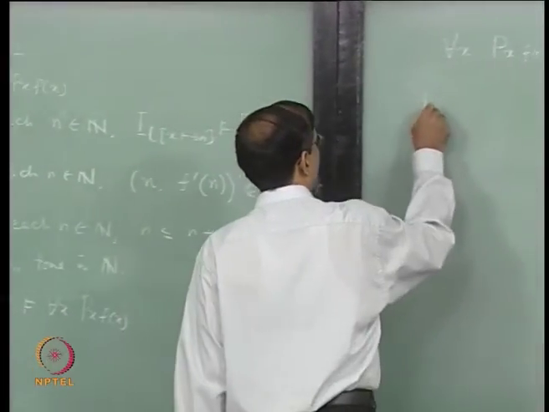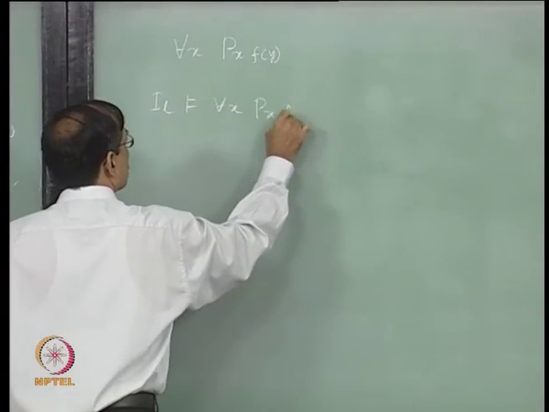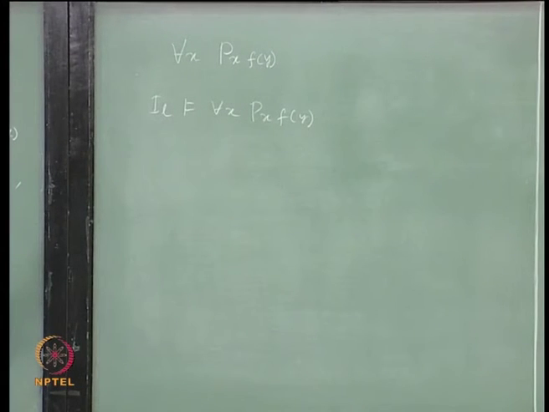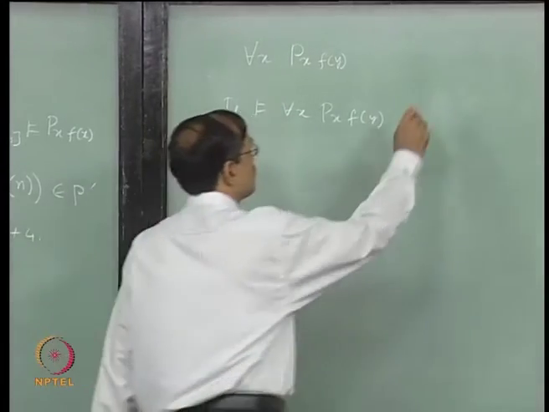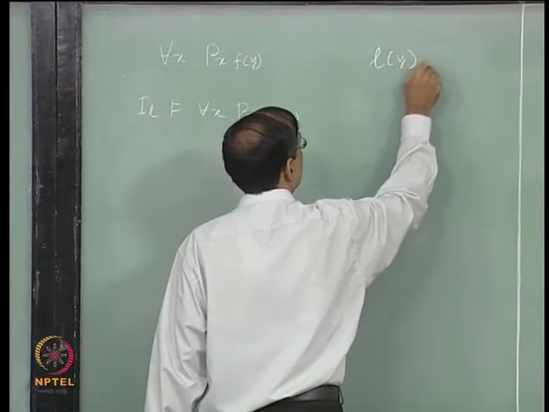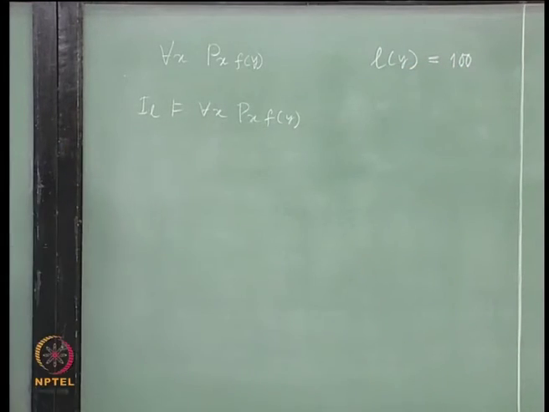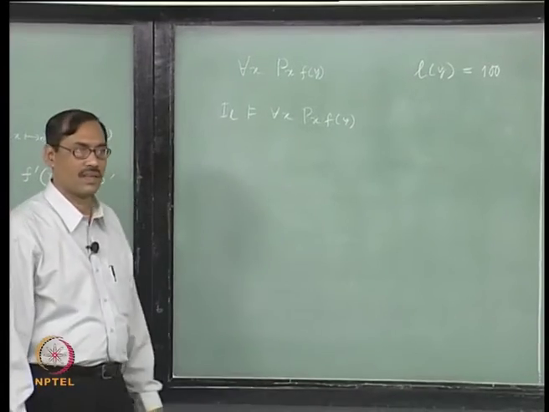Now, we will say I L satisfies for each x p x f of y, but we need to interpret y here, right, because L of y we do not know what it is, you have to fix that, then only it will come. So, let us fix, say L of y equal to some 100. Suppose this is our L, which maps x to 2 and y to 100, fine.